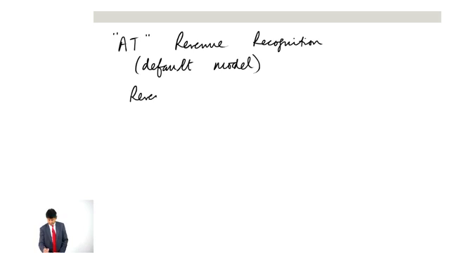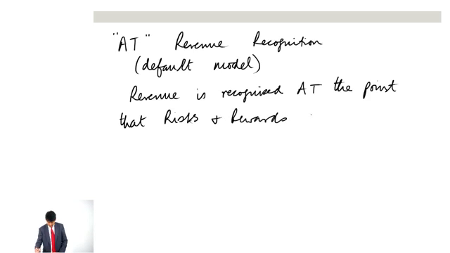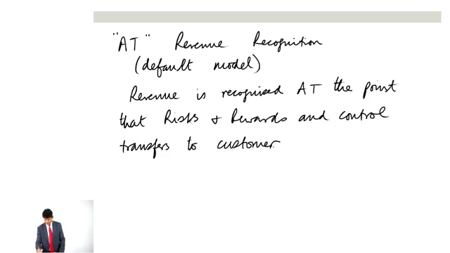So we're going to say revenue is recognized at the point that risks and rewards and control of the asset transfers to customer. As I said, that's the default model.